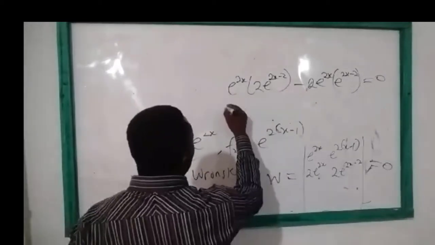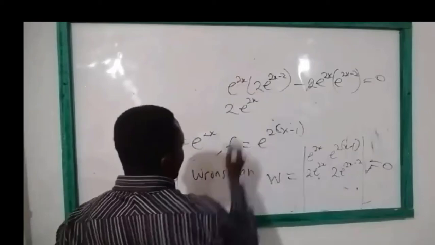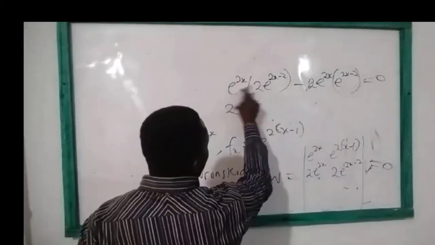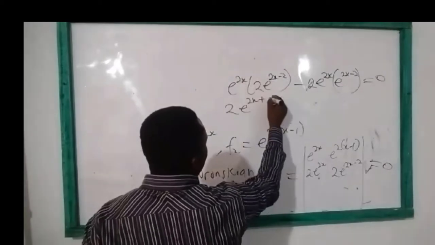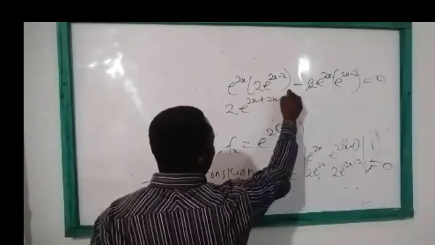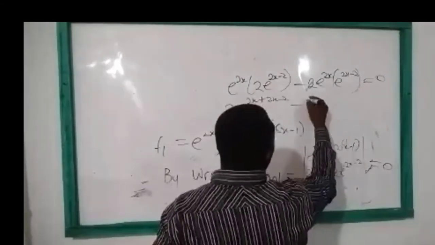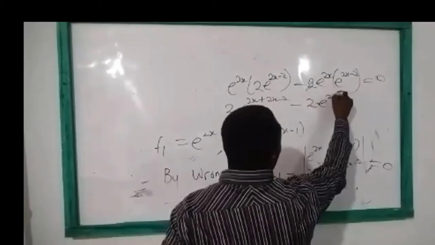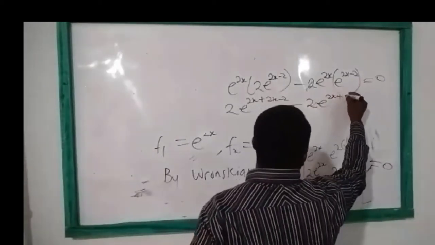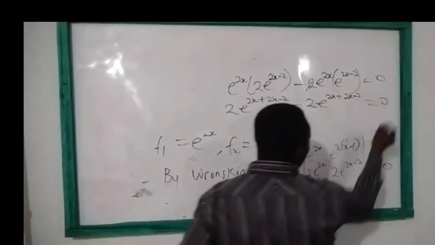Now, if we expand this, we are going to get 2e^(2x). Since the bases are equal, we can add their powers, so plus 2x minus 2. Minus, we also go to this side. We have 2, the bases are equal, so add the powers: 2x plus 2x minus 2 should be equal to 0.